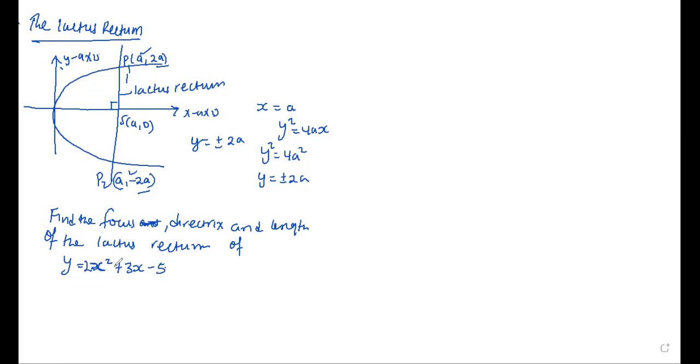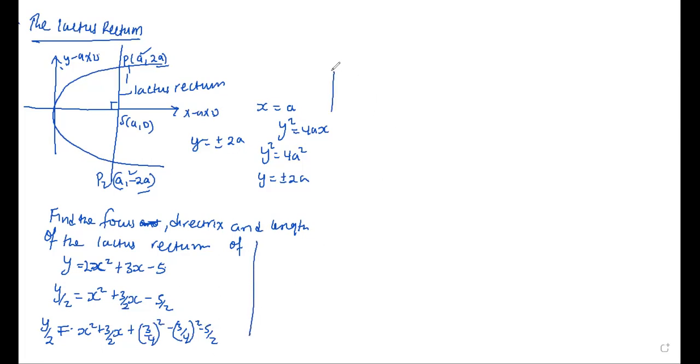Now, because you see it is x which is quadratic in this form, you can create a coefficient 1 on x squared: y over 2 is equal to x squared plus 3 over 2 x minus 5 over 2, so that we complete squares. We have y over 2 is equal to x squared plus 3 over 2 x plus (3 over 4) squared minus (3 over 4) squared minus 5 over 2.